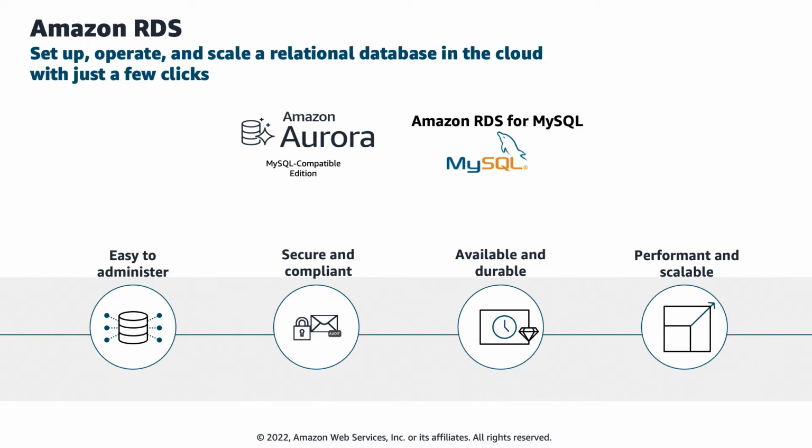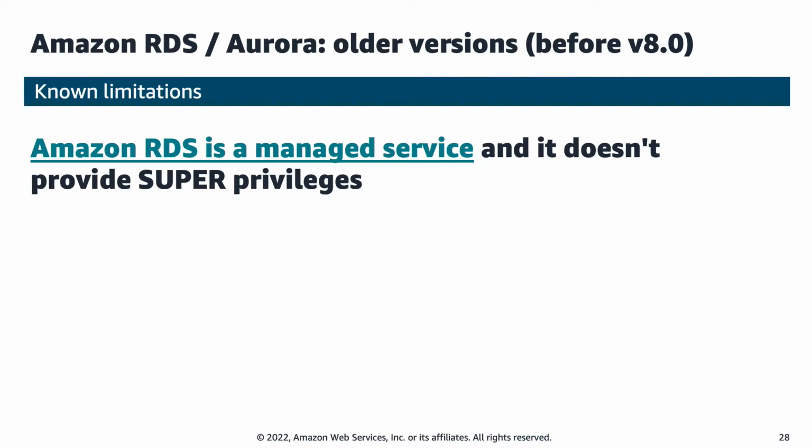So again, we will be talking about Amazon Aurora, which is the MySQL compatible edition, and we'll be talking about Amazon Relational Database as a Service, Amazon RDS for MySQL. So what's the problem? One of the inconveniences in any cloud database as a service was the absence of the super privilege on MySQL. Super privilege is very broad, and Amazon RDS is a managed service, so it doesn't provide the super privilege.